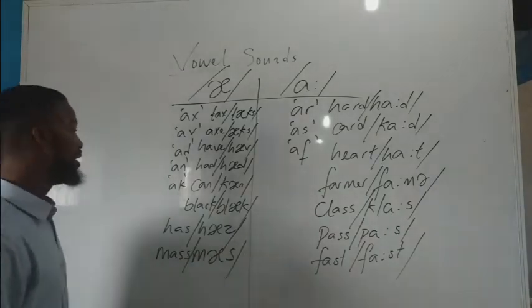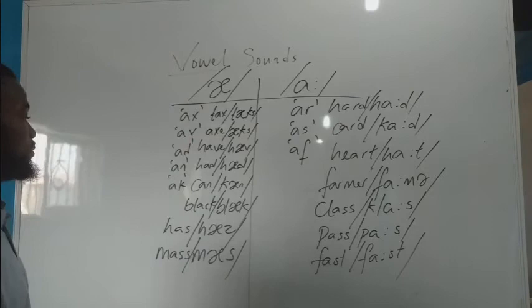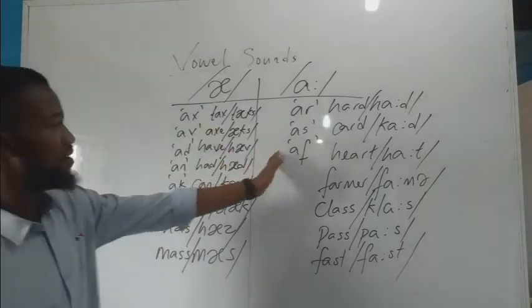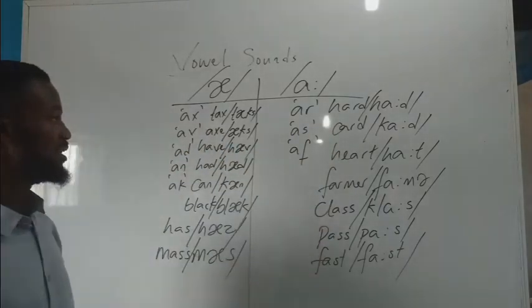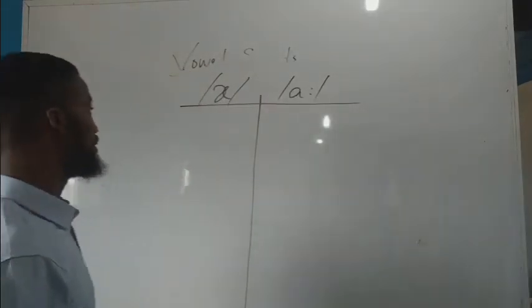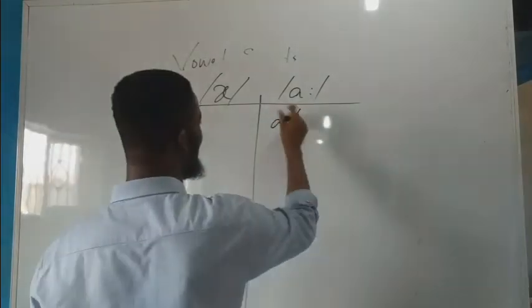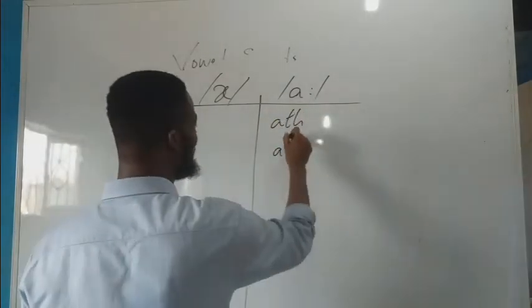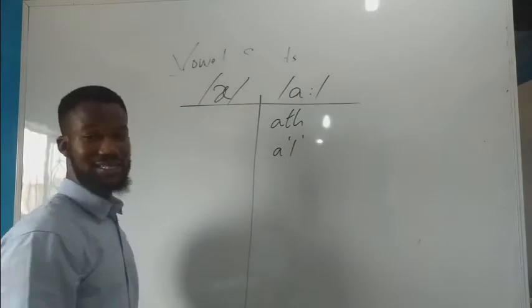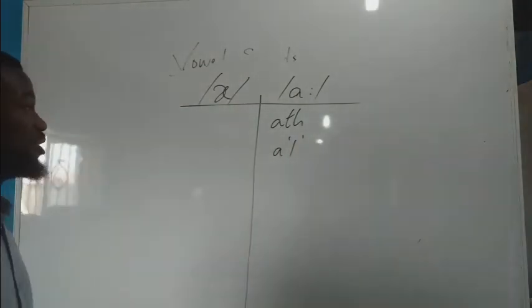Let's look at more. Let's look at how A can come with certain other letters to remain short, and how it can form with other letters to give us a long A sound. In a further quest to understand the distinction between these, we need to know that most times when you have ATH, you will certainly have a long A sound.